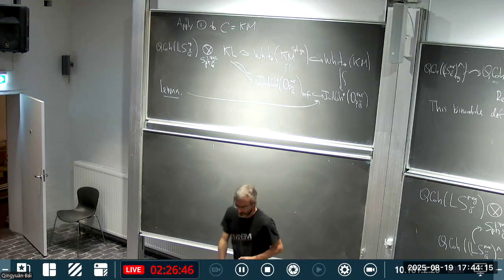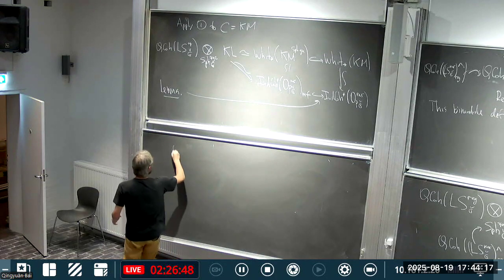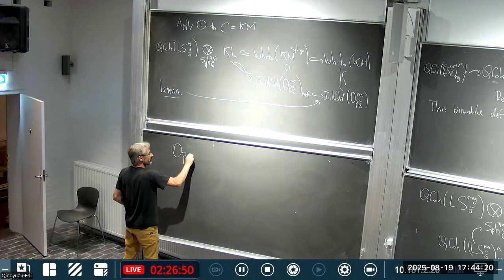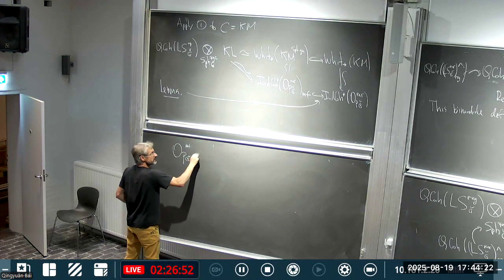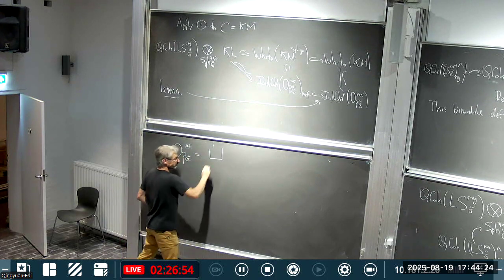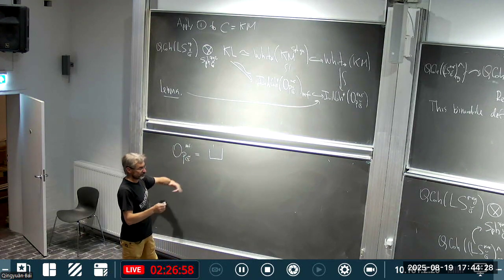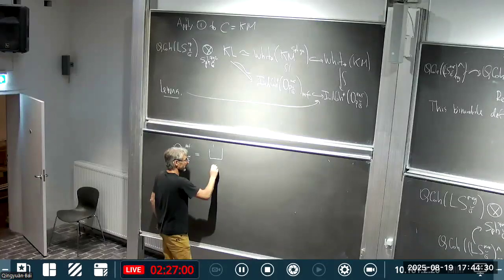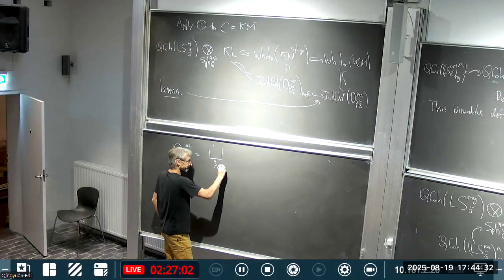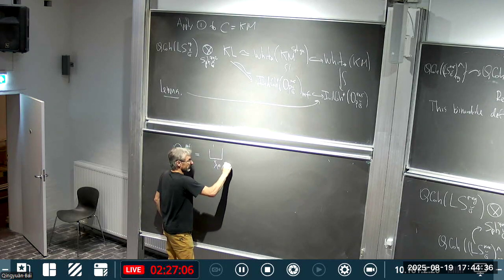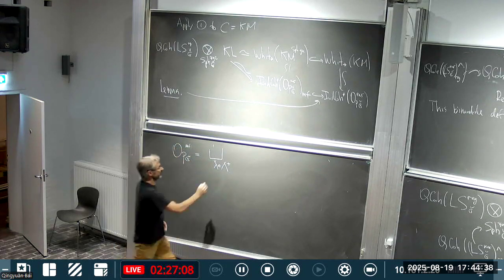So let me say how these monodromy-free opers look like. They split according to coweights of your G check, which are the same as weights of your additional group, of the following thing.